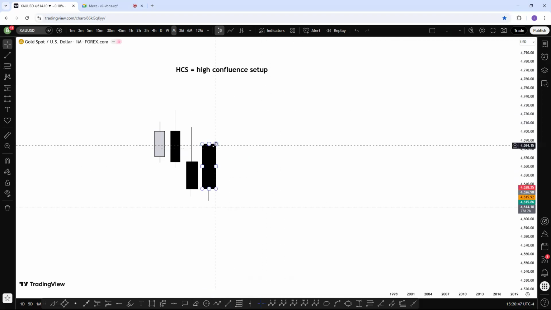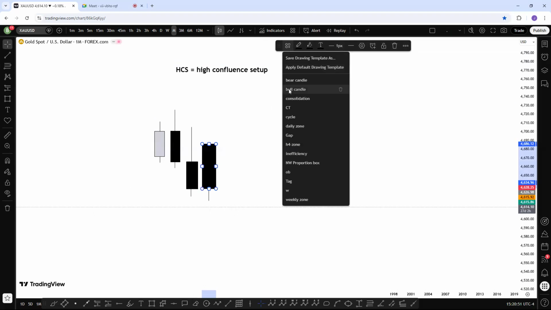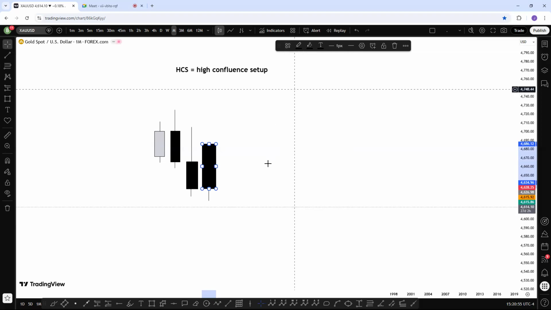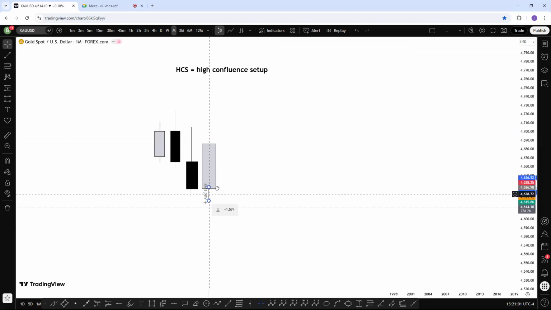This negation comes in the form of a bullish candle, negating this bearish move, and this is the high.